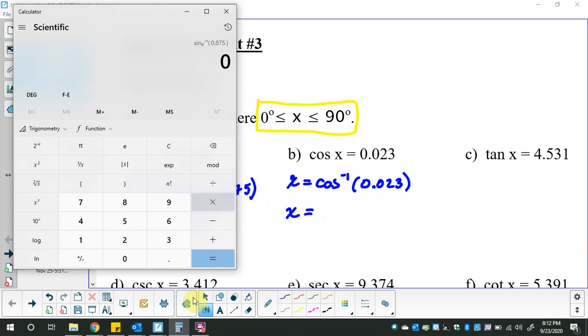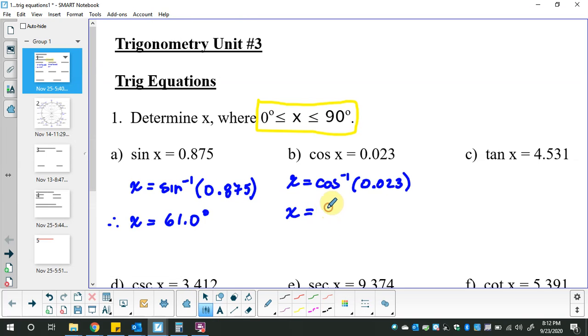So again, only different numbers. For me, I punch in the decimal first, and then I access the trig, which for me means a menu, you likely not. Second function, so that you get the cos with the -1, which is cos inverse. Hit that button, and to one decimal place, 88.7 degrees.